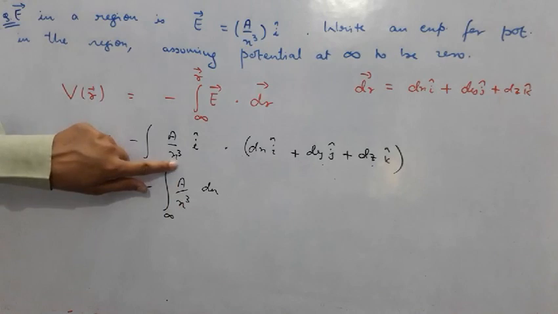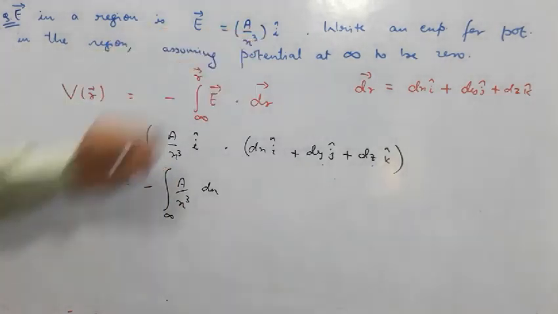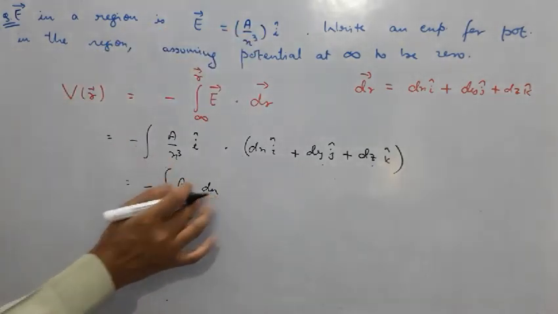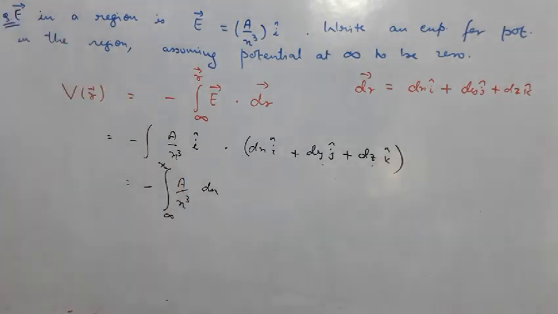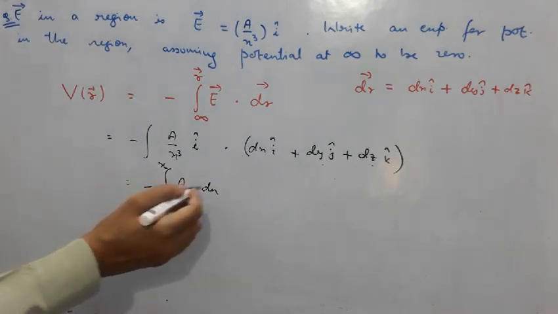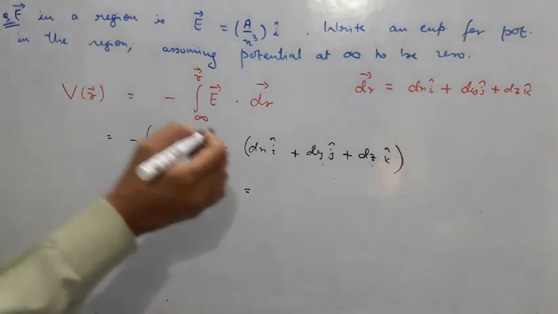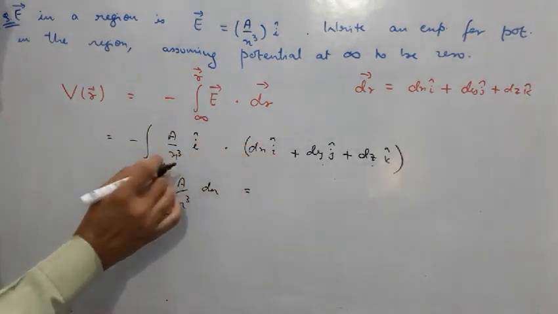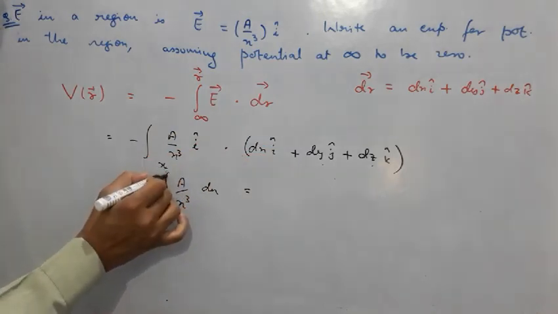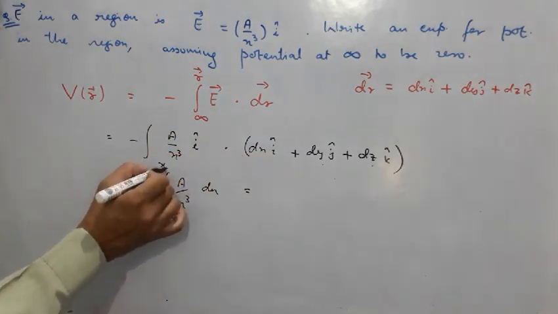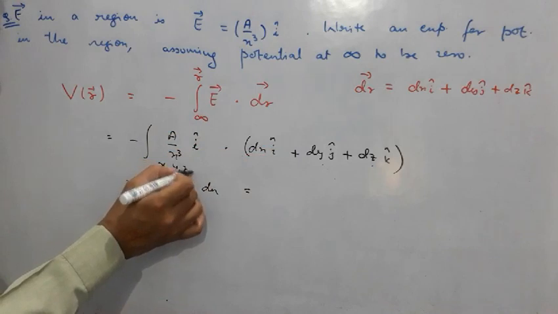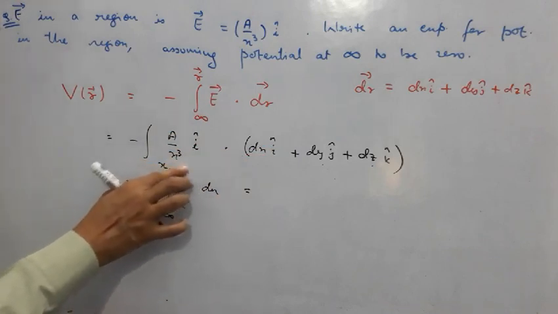Now instead of r I will write, since it is only along x-axis, this integral, the variable is only x, so I will write it as x. This integration can be easily solved. So integration dx by x cube, so that will become, actually this limit, if from infinity to, it should be x comma y comma z, because we don't have y and z, so no need to write that.